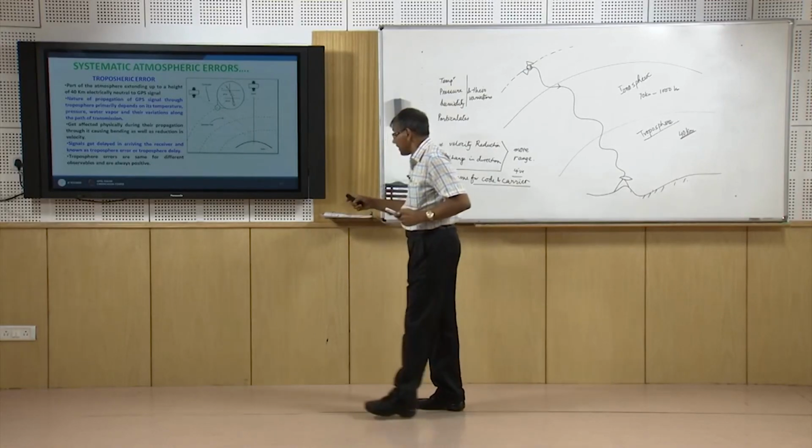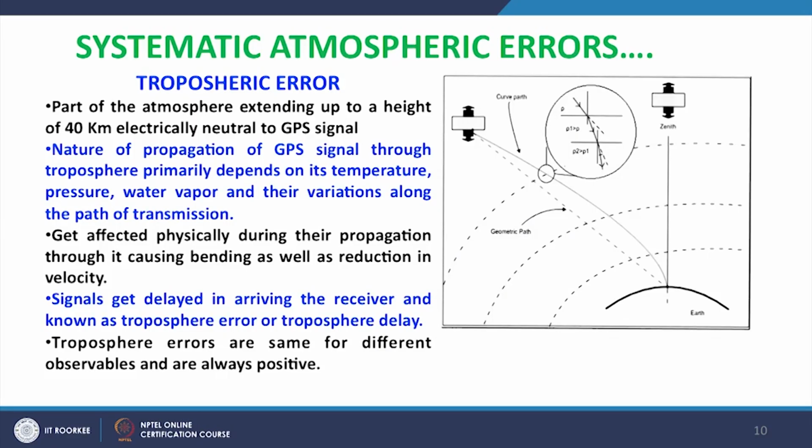Now in this diagram you can see, if the signal is coming from the satellite to the receiver, instead of coming along the geometrical path, it will take a path like this due to obstruction, and this is what is called refraction of the signal.